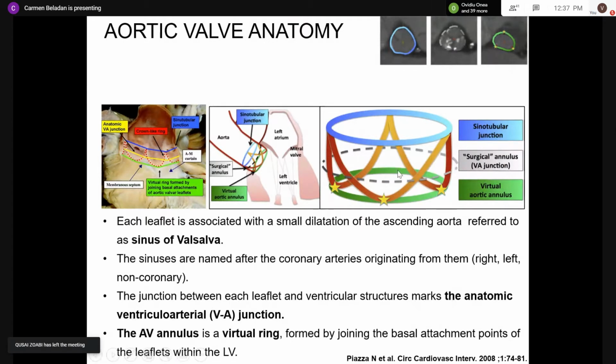The annulus of the aortic valve is not a true ring, but a virtual ring formed by the attachment points of the leaflets within the left ventricle. These are the attachment points here, here, and here, and connecting these attachment points, we get the so-called aortic valve annulus.